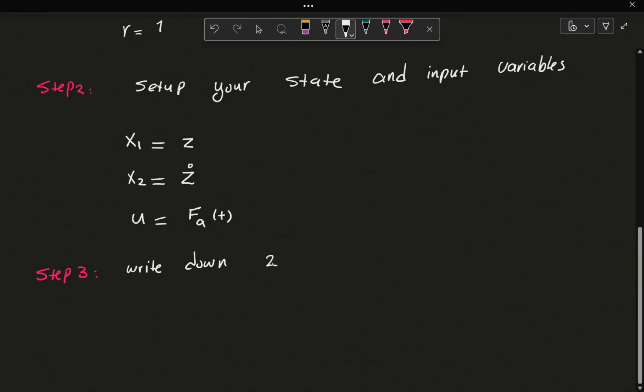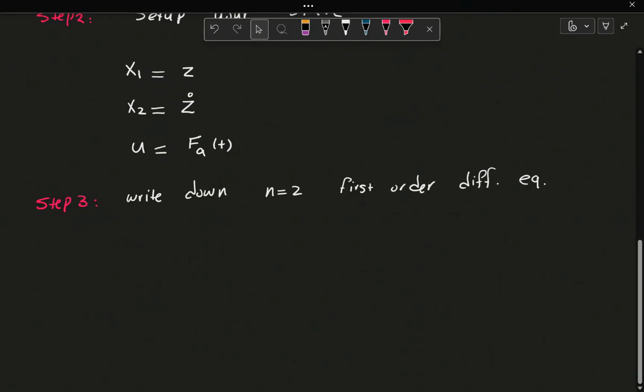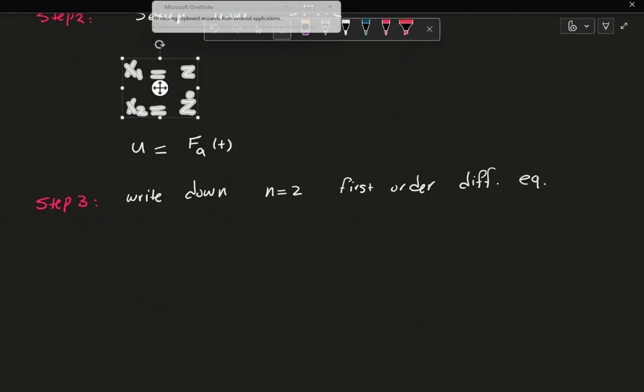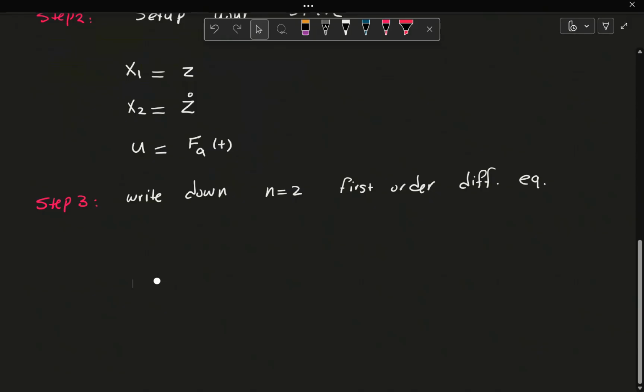I'm going to copy the equations for the states, paste them here, and take the derivatives.